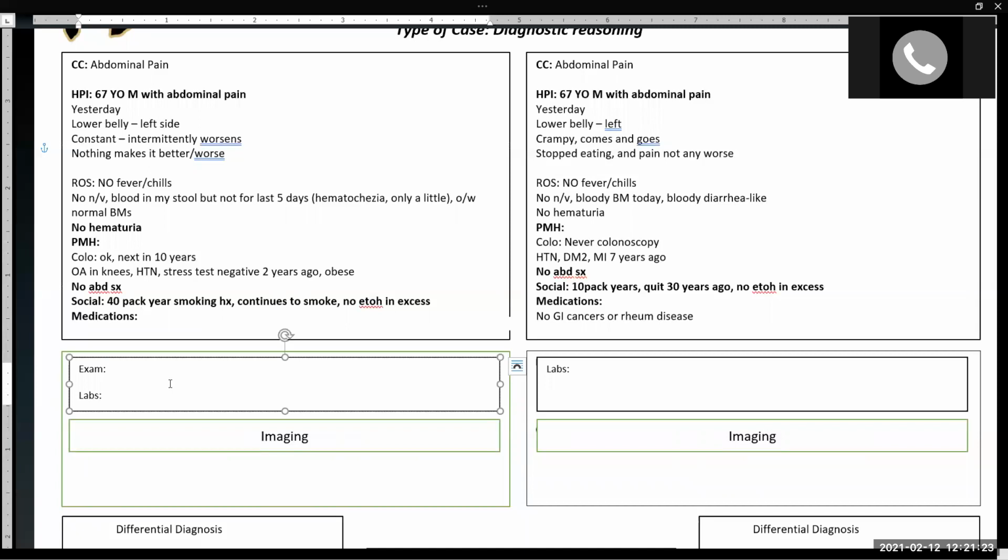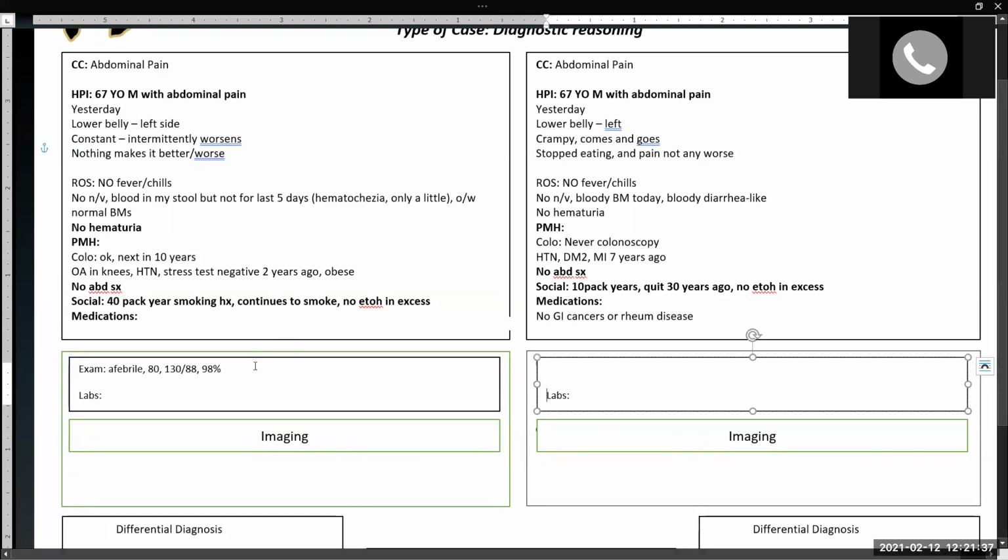So for patient one, afebrile, heart rate's 80, blood pressure is 130/88, saturating well, 98%. Patient on the right, same.